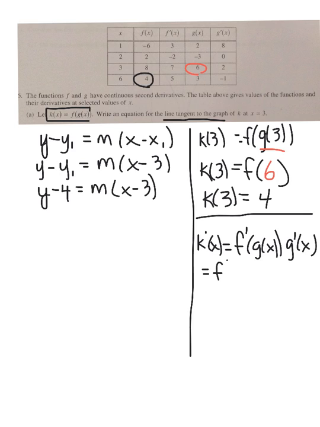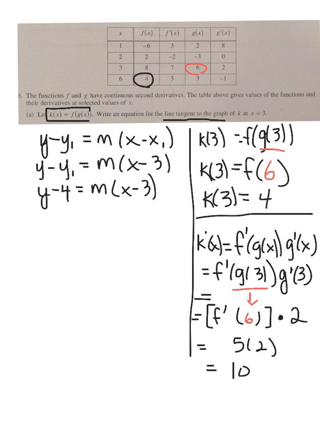So we are going to do f prime of g of 3 times g prime of 3. Okay, pause me, work it out. And there you go. Pause me again if you got it wrong, check it out, look it over, see where you made your mistake. So you should end up with 10. So your final answer is going to be y minus 4 equals 10 times x minus 3.